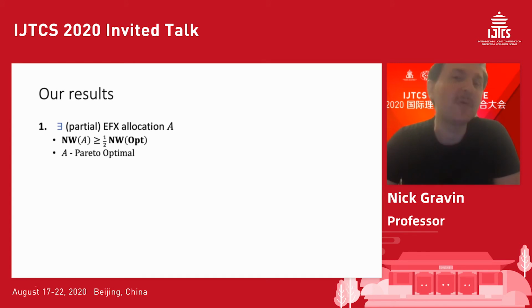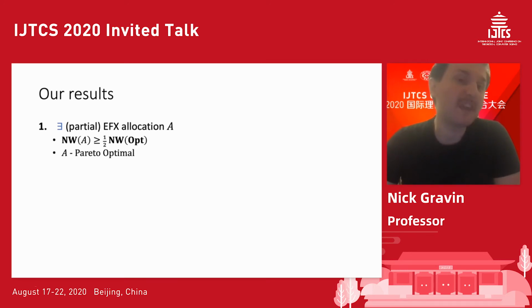So of course, there is a way to divide items in a somewhat fair way. So there is an EFX allocation. That's not surprising. You can remove everything and donate everything to charity, and the allocation will be, of course, envy-free.